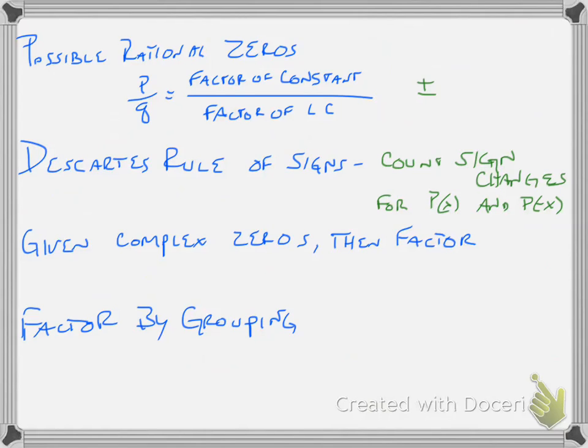When you're given complex zeros, you need to be able to factor it completely. So you would write the factor using the complex zeros.